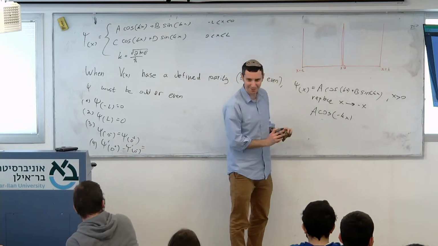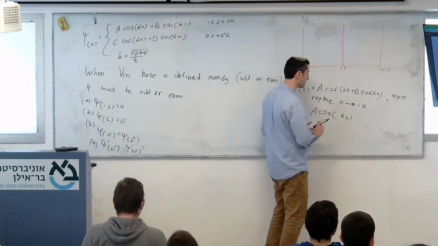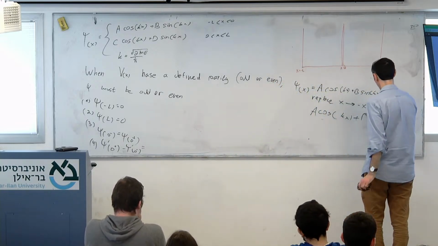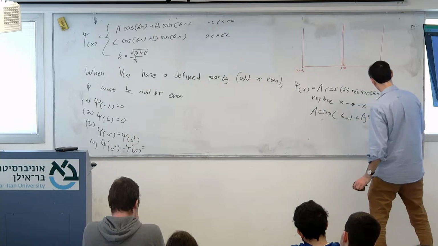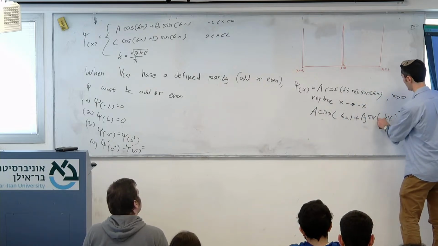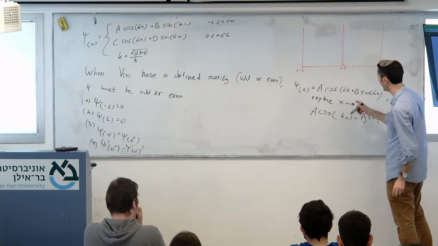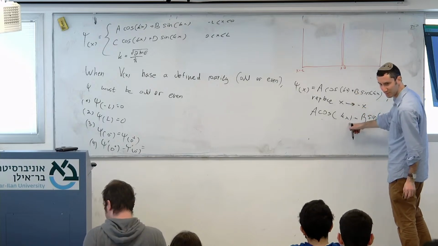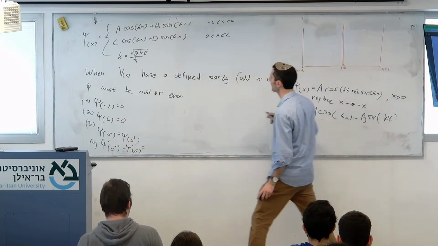For the cosine it doesn't matter, I can just erase this, plus b sine of minus kx. But sine is an odd function. I can replace this here with a minus. If I want this to be equal to that, I want this, sorry, to be that.